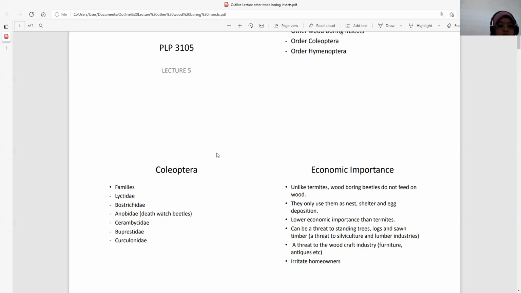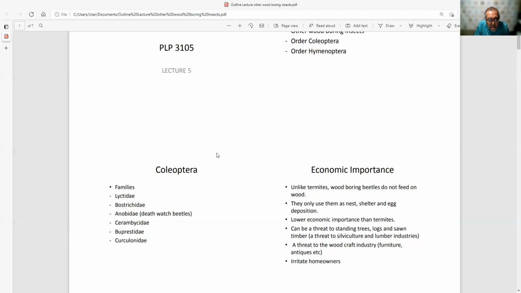So you have Lictidae, Postricidae, Anobidae, Cerambicidae, Buprestidae, Cuculonidae, Coccinolidae, Cerambicidae, Scarabidae, Hydrophilidae, and so many more. Yeah? So whenever you come across the ending ataupun the suffix AE, that indicates a family, yeah, dalam taxonomic classification ataupun systematic.